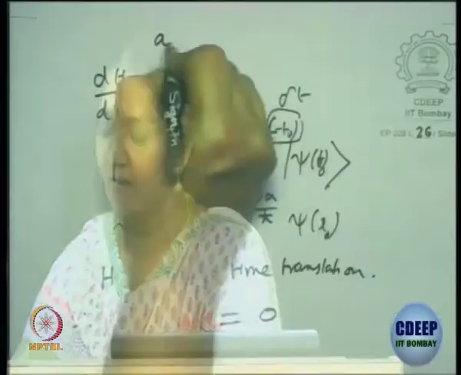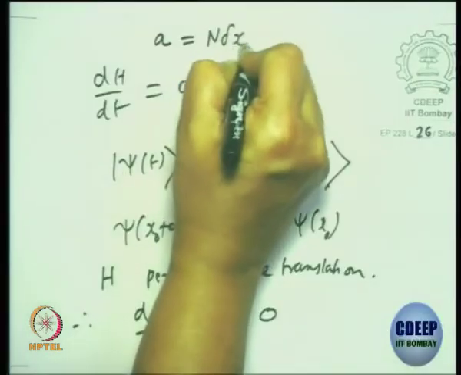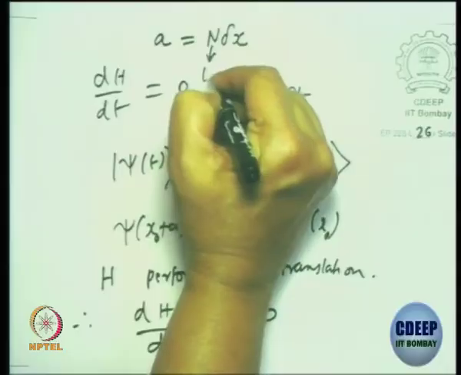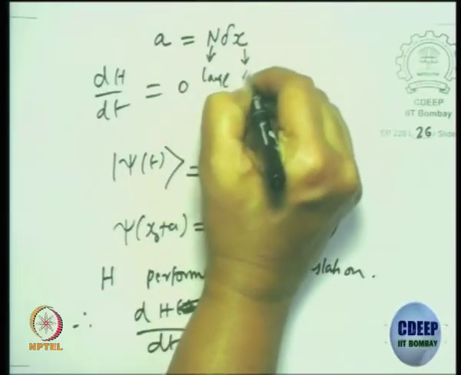For continuous symmetries, translation is a continuous symmetry, and a finite translation by a vector A can be obtained by dividing into infinitesimal delta x done n times, where n is very large. You can get a finite translation as n times delta x, where n could be taken large and this is very, very small.